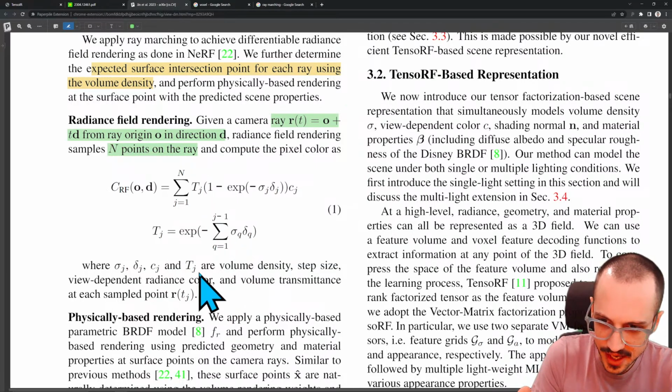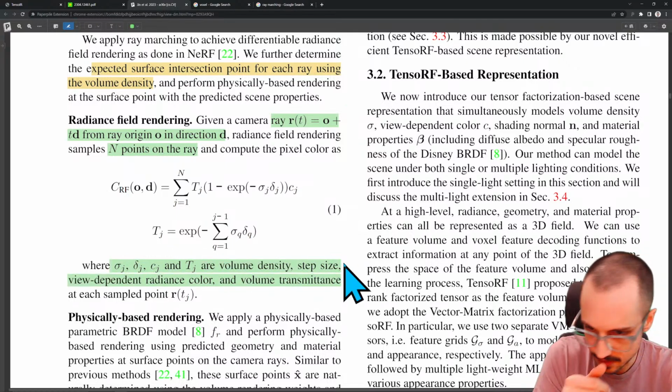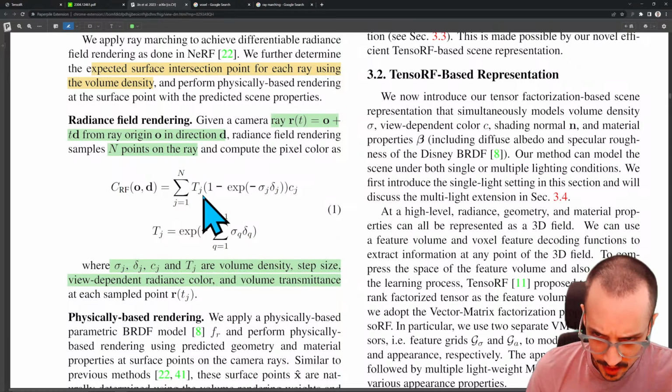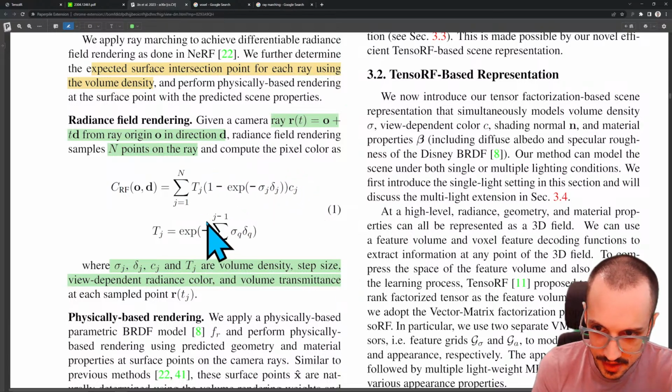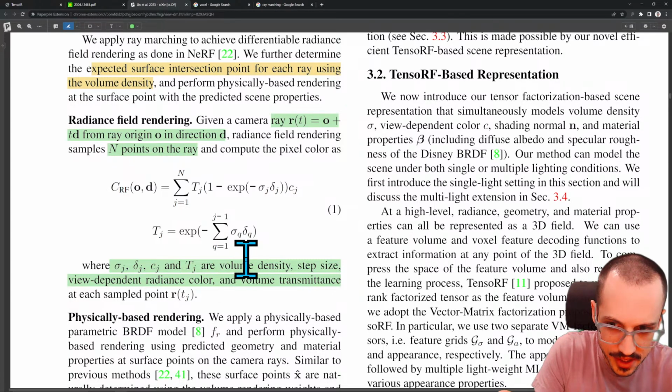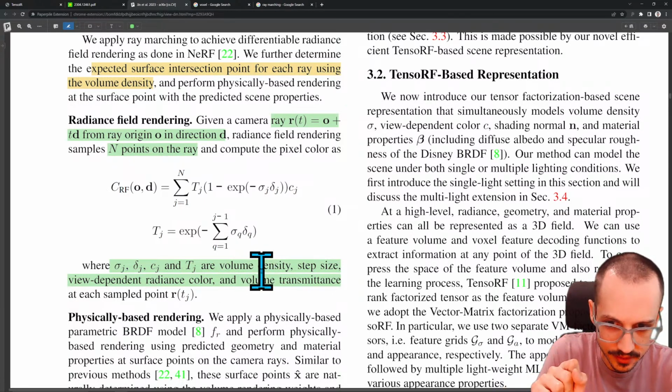Each point has a density, it has a step size, it has a view-dependent radiance and a volume transmittance, used in this way here. You have 1 minus the exponential of the negative of the volume density times the step size. You multiply that all by the color and then the transmittance. And then you add up all of those and you should get one final color.